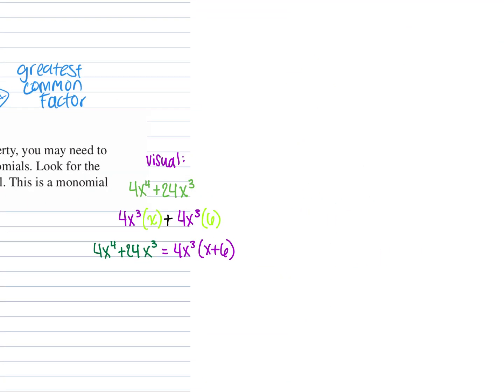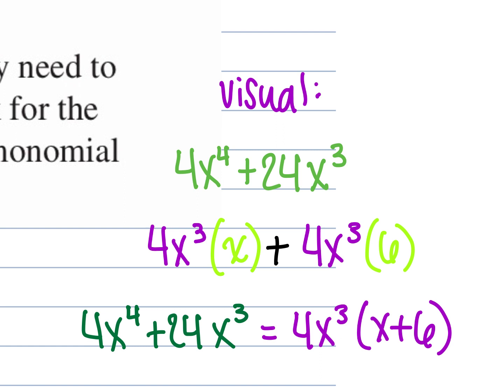So check it out. We're going to do a visual for the first example, and I color-coded it so you can see what's happening. What you're looking at is 4x to the 4th and 24x to the 3rd. Think about the greatest common factor. Start with the numbers. What is the greatest common factor between 4 and 24? 4. So look, in purple, we have 2 4s. Do you guys agree?